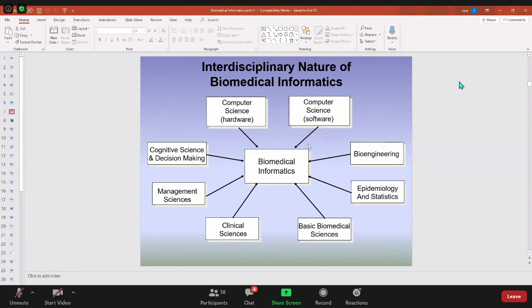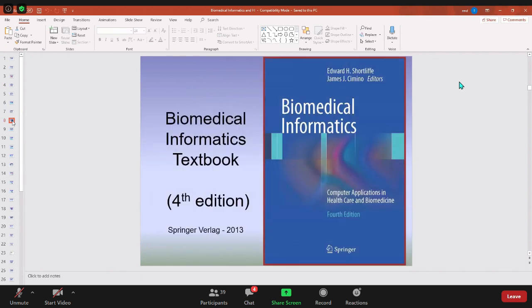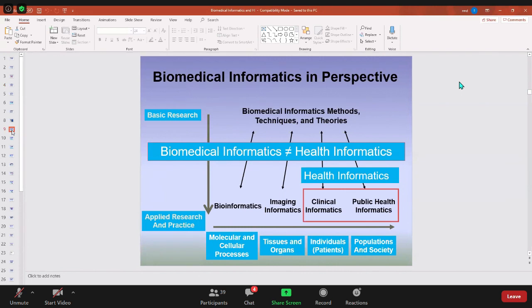So you realize that they draw from various fields, ranging from computer science, the hardware, software, bioengineering, epidemiology and statistics, basic biomedical sciences, all the core subjects that you learned, clinical sciences, management sciences, and cognitive science and decision making. So this is actually the full infrastructure of informatics in biomedical. There is also a textbook related to this biomedical informatics. You can Google and find it, whether there's a PDF copy you can read through.